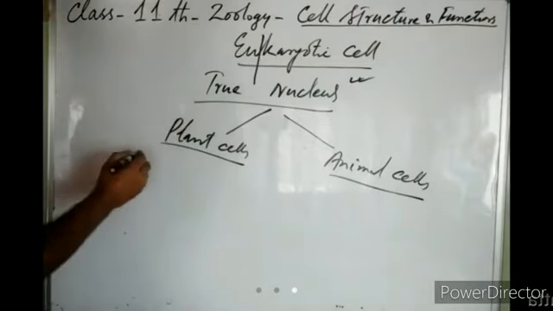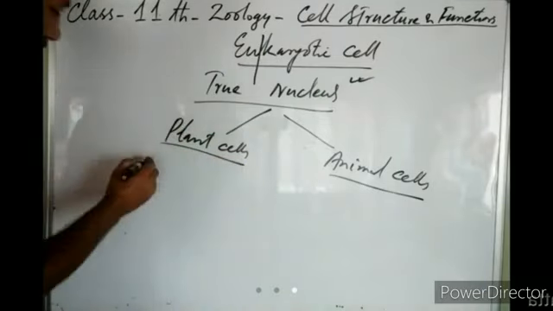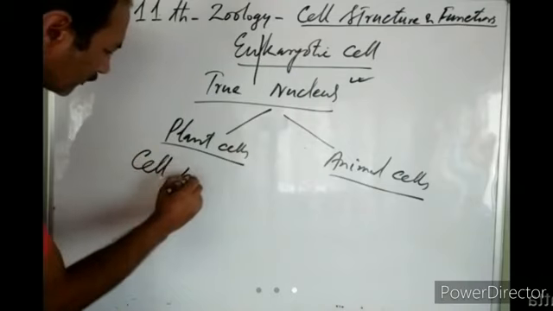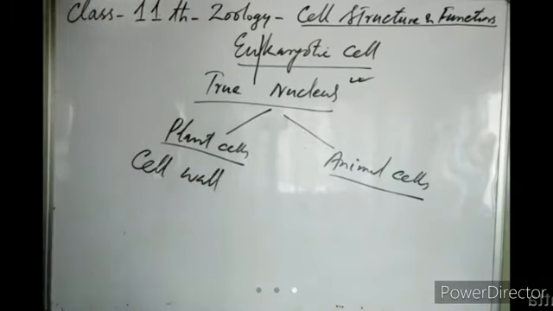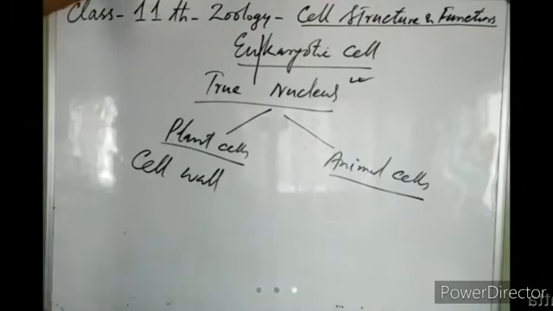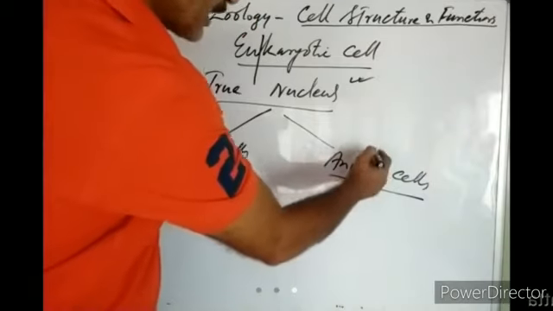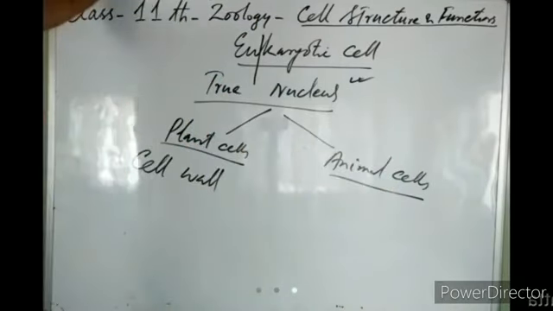Because plant cells, in addition to the cell membrane, also have a cell wall covering the cell externally, whereas the cell wall is absent in animal cells. Animal cells only have a plasma membrane. In addition, plant cells have organelles known as plastids, which are absent in animal cells.